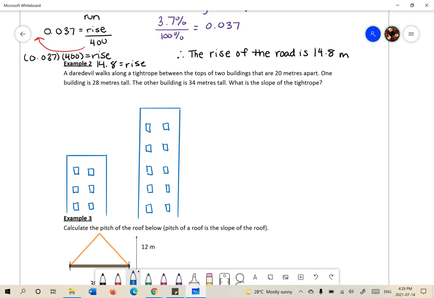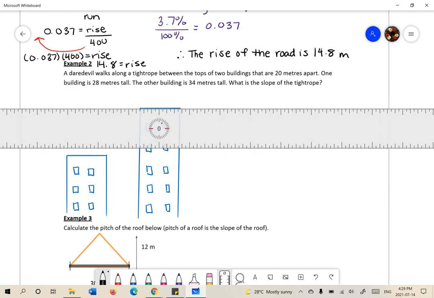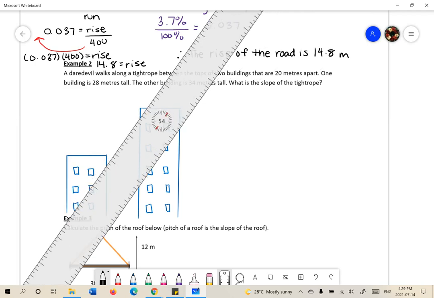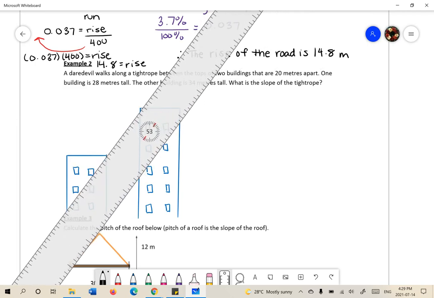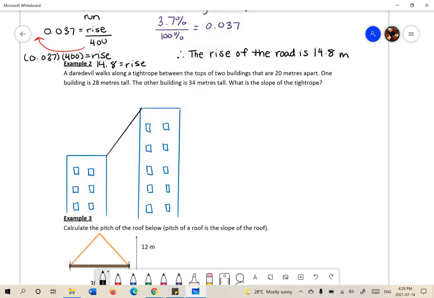And there's a tightrope that is between the tops of the two buildings. So I'm going to connect a tightrope to the two roofs of the buildings. And the buildings are 20 meters apart.